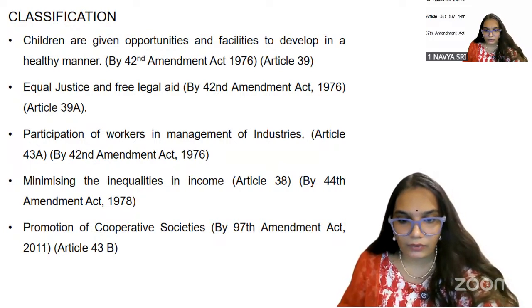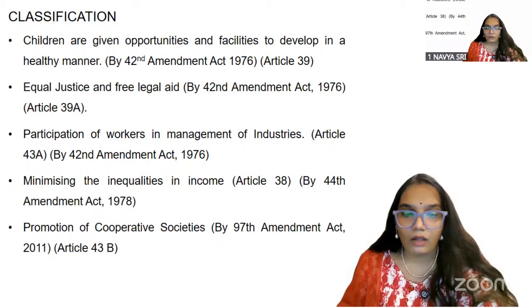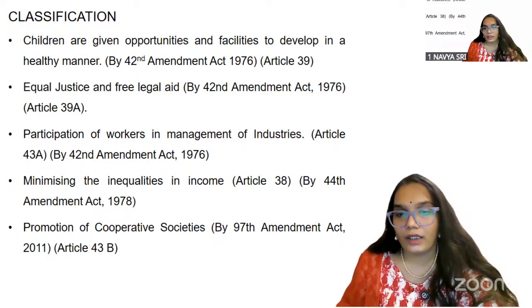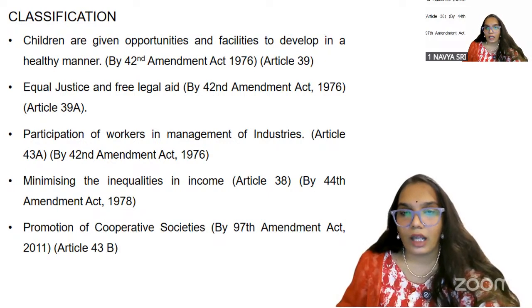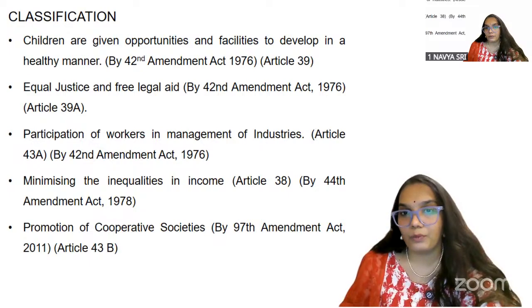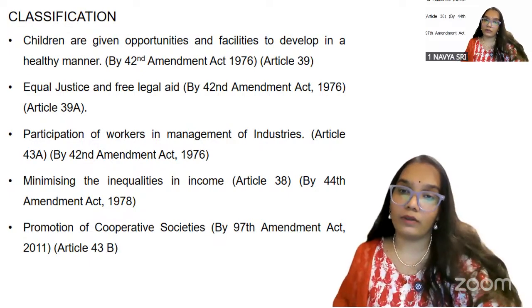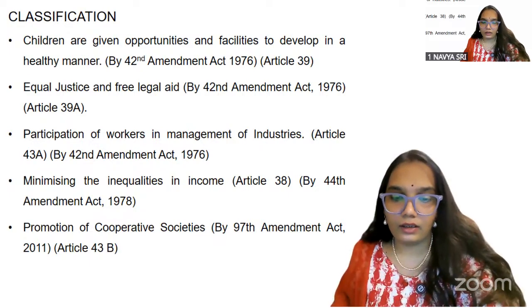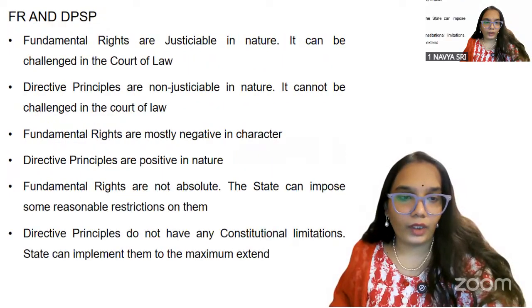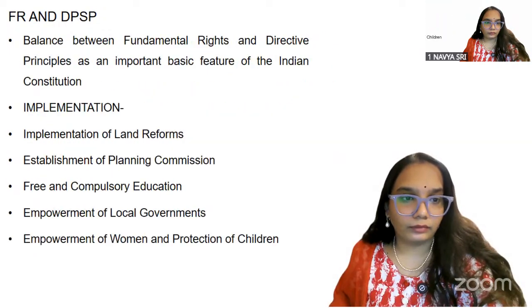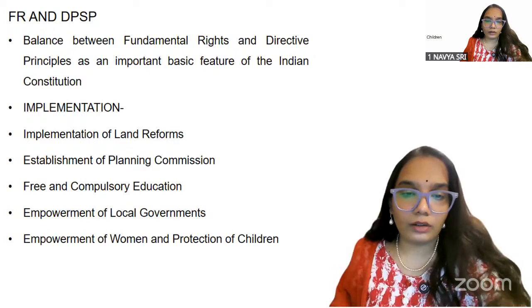But in theory, you have to understand or analyze how you can balance your answer by analyzing fundamental rights and the DPSPs, and both of their limitations and both of their positive and negative traits. Then implementations could be seen.